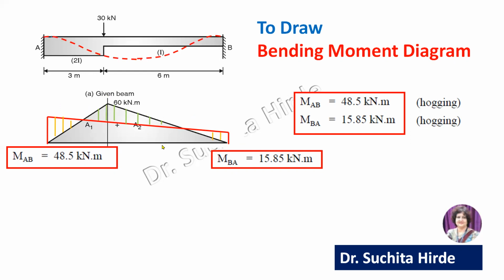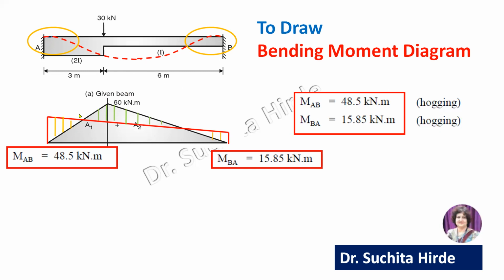there is sagging. If you draw the deflected shape, you know that the slope at A and slope at B is 0, and therefore it is going to bend like this. At the support, you will observe there is a hogging shape. There is hogging bending moment in this portion.